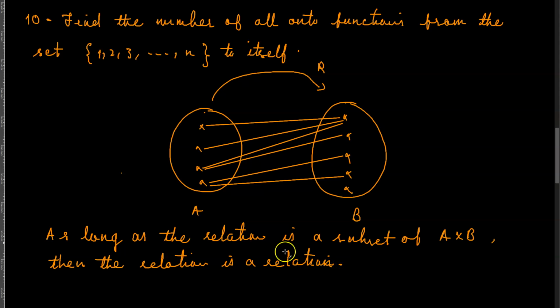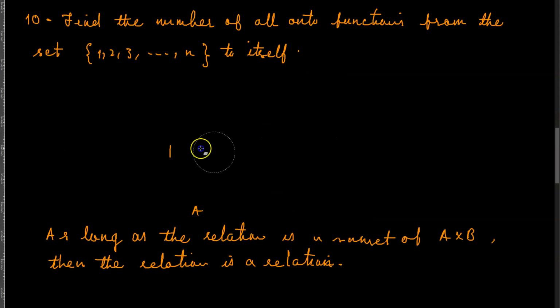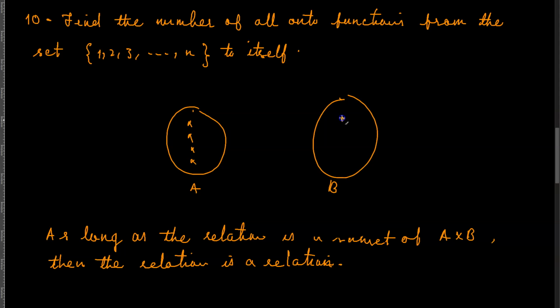Meaning that basically you have some set A, for example, meaning that you have some set A over here, you have 4 elements over here, and you have some set B over here, and you have, for example, 4 elements over here.